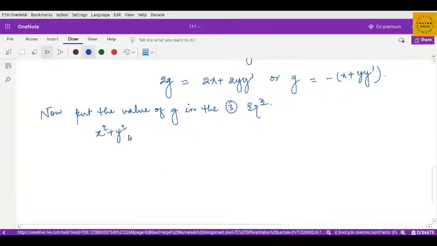So it is plus 2 into g, which is minus x minus y y dash, times x, minus 4, that equals 0.